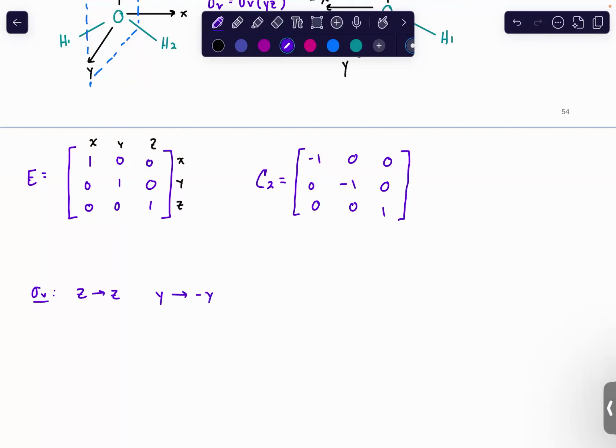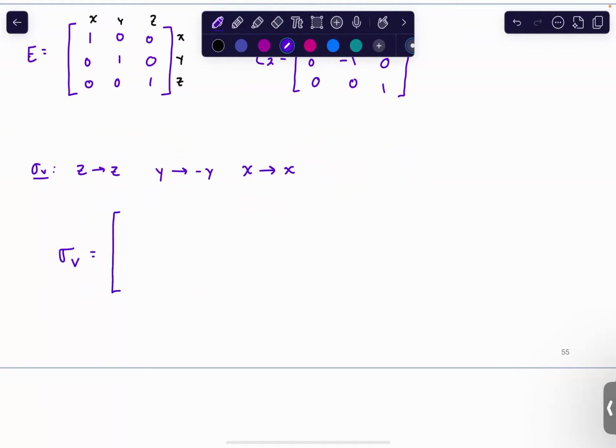X will go to X. So your sigma v is going to be 1, 0, 0, then -1 there for the Y component, and then a 1 there. Are you starting to see now how these are mapping in actual space? Yeah, I get it. And of course, we also said this is our sigma XZ. Okay, and then sigma v prime.